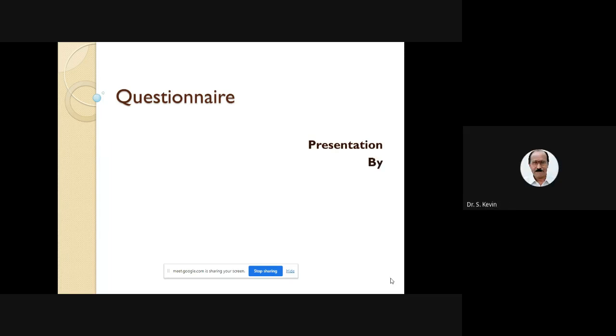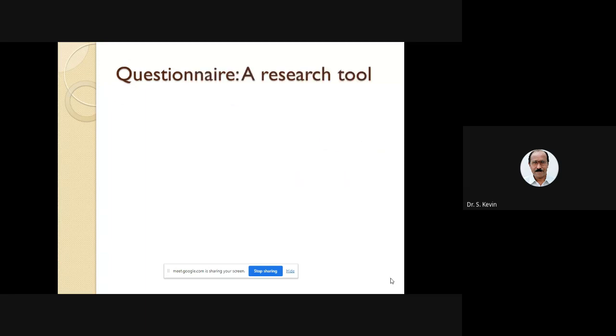Right. Okay. So our slide title is questionnaire. First of all, we have to understand that it is a research tool. We have to collect data, for which we require a tool. So the research tool that we are going to use for collecting primary data is the questionnaire.